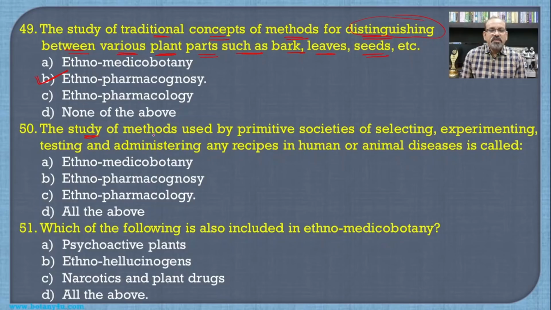And the study of methods used by primitive societies of selecting, experimenting, testing and administering any recipes in human or animal diseases is called what? If it is the experimentation or testing of the different plants, then it is known as ethnopharmacology.